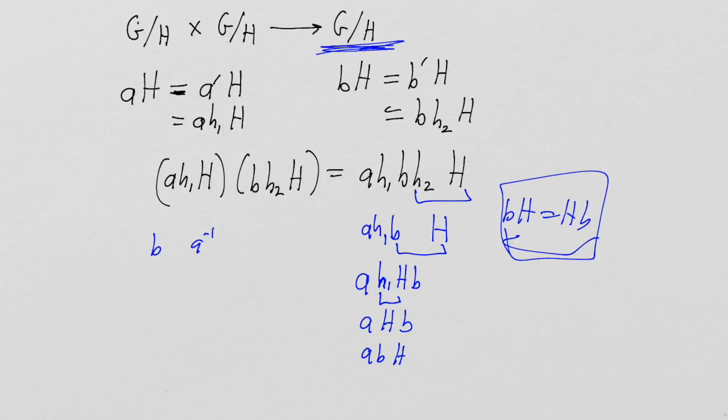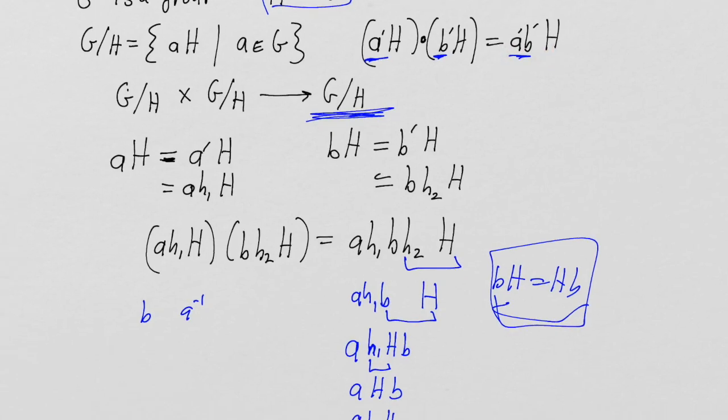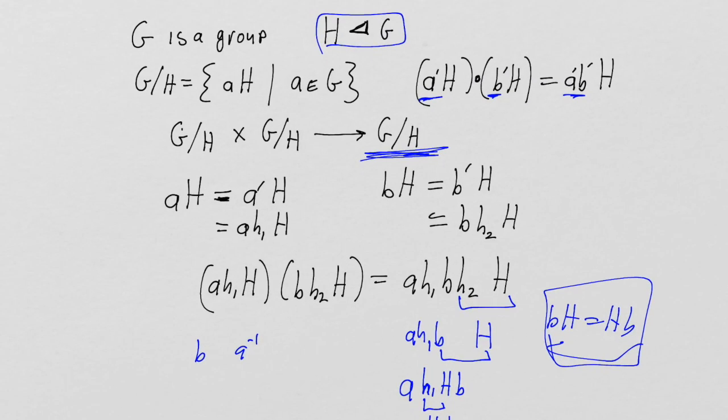In other words, even if I chose A prime, B prime, I get A prime B prime H, but that will always turn out to be equal to ABH for any two other representatives A and B of the coset. Because remember, this A and B were defined through this relationship that they were related because they were both in the same coset. Okay, so that's as far as I want to go with this.